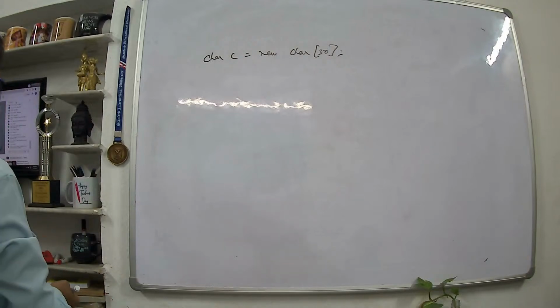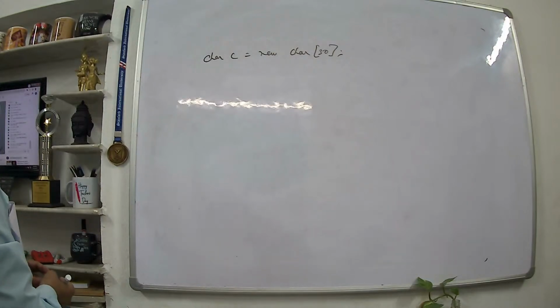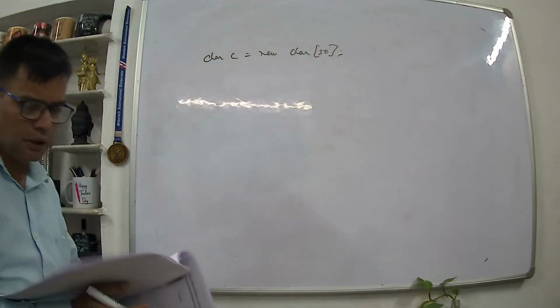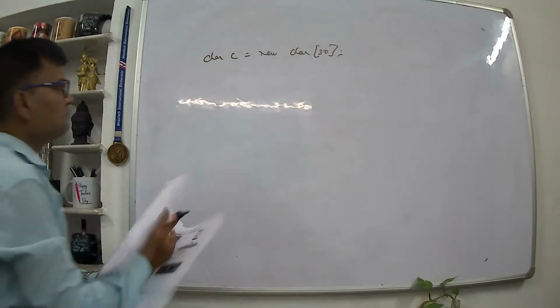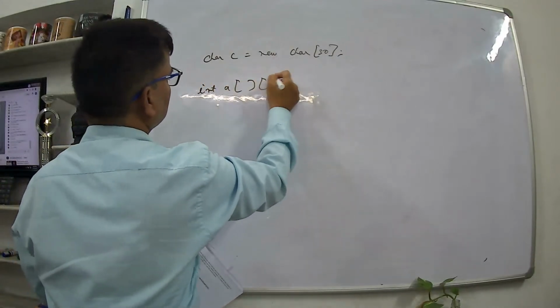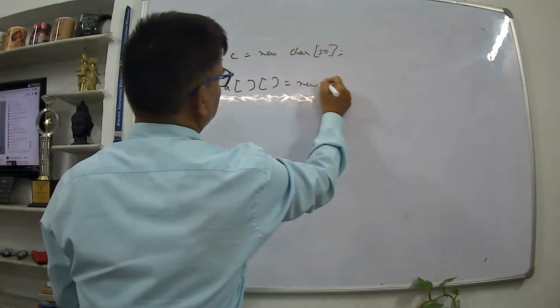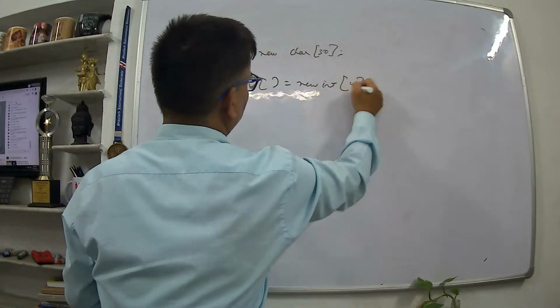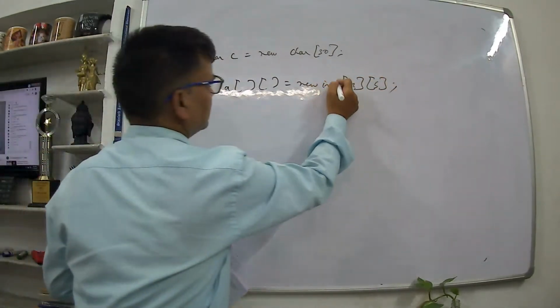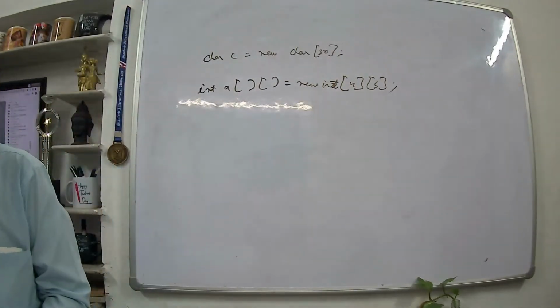The size of a char data type is 2 bytes, so it will be 60. Okay, and if I say int a equal to new int 4, 4, 5. Now, in this case, it's a double dimension array.